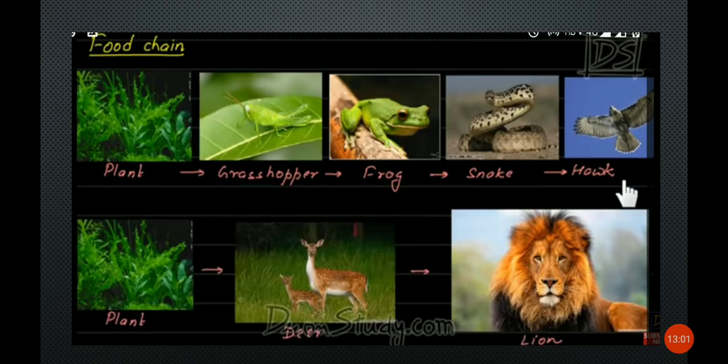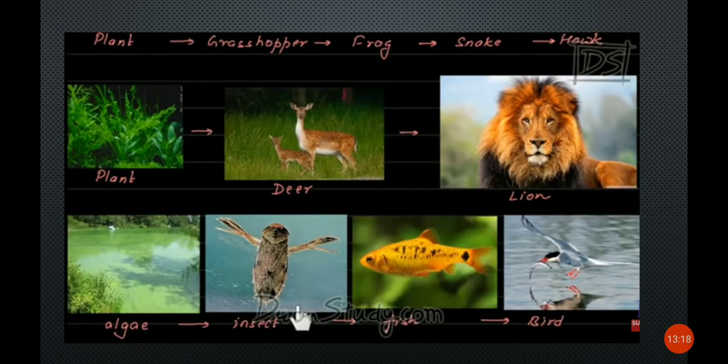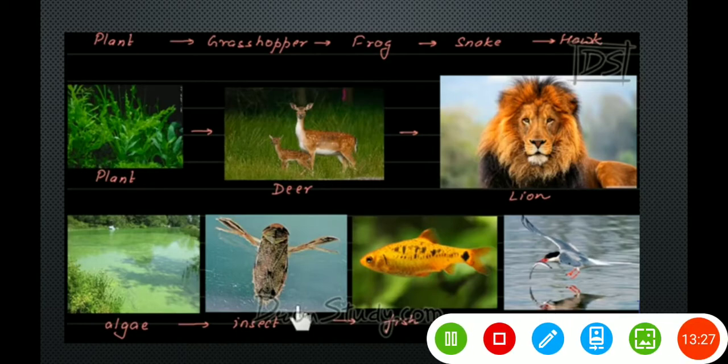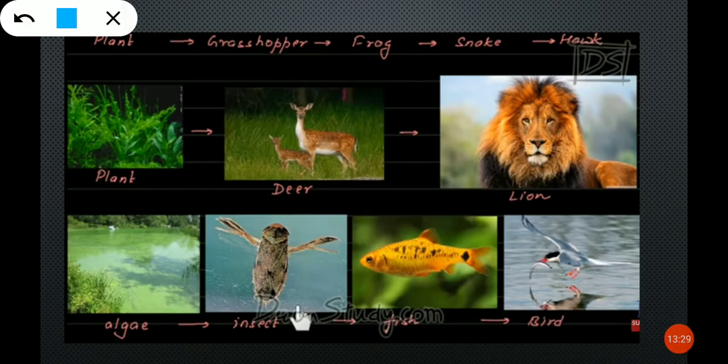Next, this is what we have already gone through. These are all food chains. Plant means producer, and these are all the consumers. This is called what? Food chain, and this is another food chain. These are also examples of the food chain, and you can observe here in the producers, algae is also there.